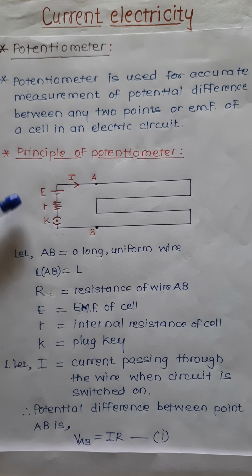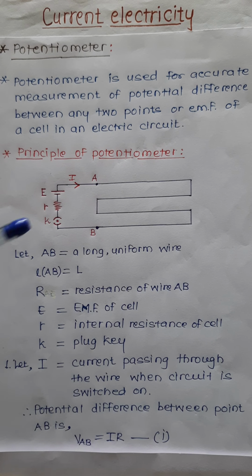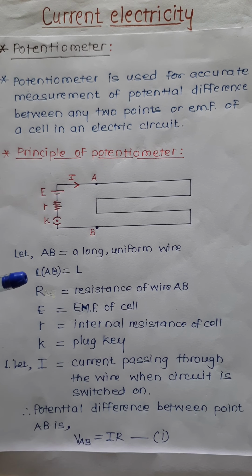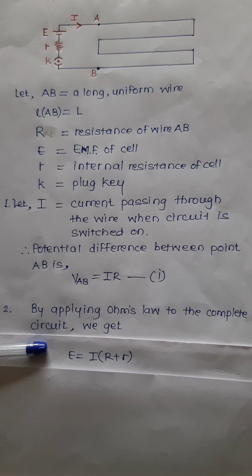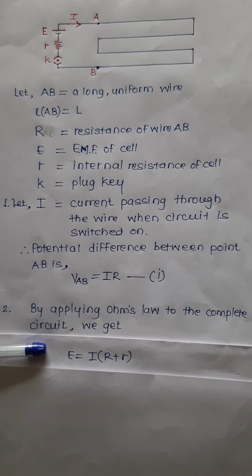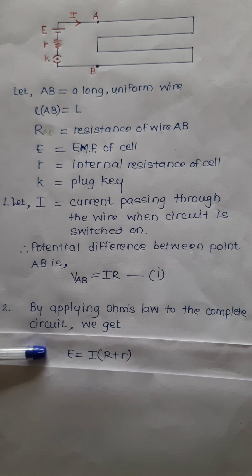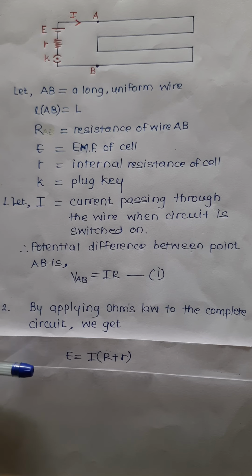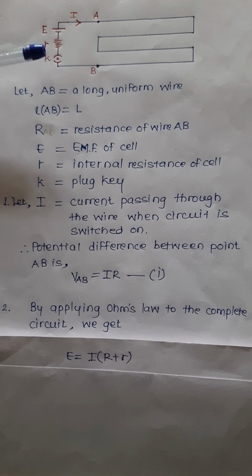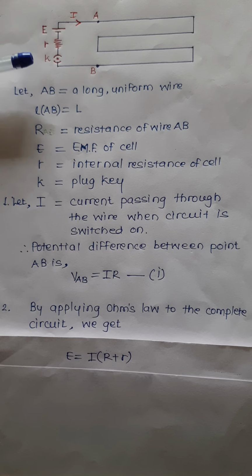Now apply Ohm's law for the complete circuit and we get E is equal to I in bracket R plus small r. See, this formula we have seen in previous standard in chapter current electricity. When we apply Ohm's law for the complete circuit, here EMF of the cell is equal to product of current and resistance.